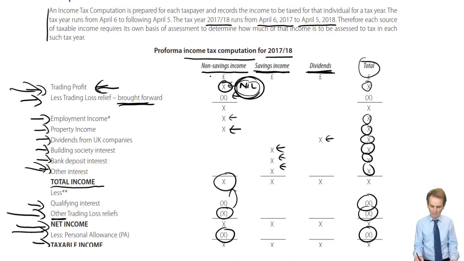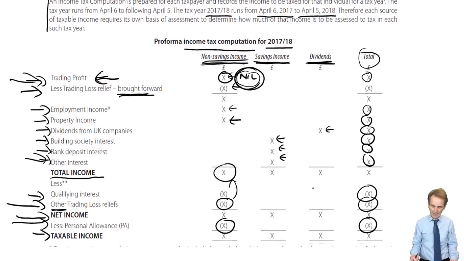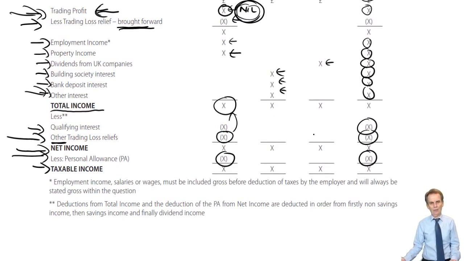Remember this first column? Non-savings income. Now, in the vast majority of occasions where you will be preparing an income tax computation, the non-savings income is likely to be bigger than the personal allowance, more than £11,500. In which case, you take away your personal allowance and you come down to your taxable income there for non-savings, and of course, eventually to your total figure as well.